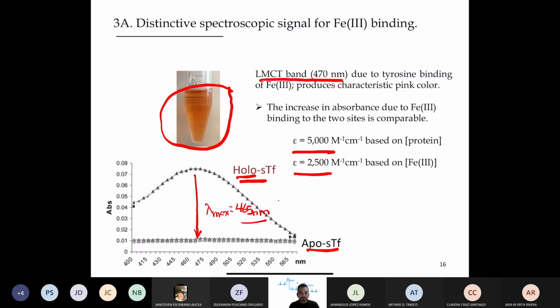There are two ways that you can measure this number. It can be in terms of protein concentration, so it's about 5,000 per molar per centimeter. Or if you measure this in terms of iron, remember there are 2 irons per protein, then this number is 2,500 per molar per centimeter. It's just the way you want to represent this number.